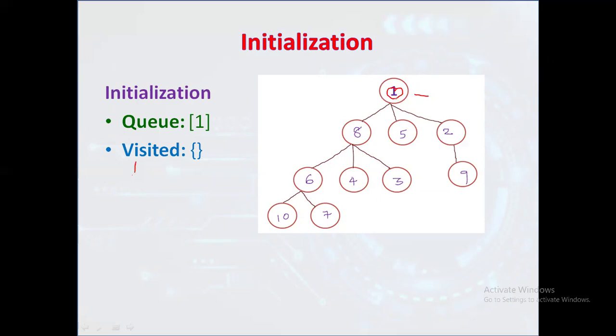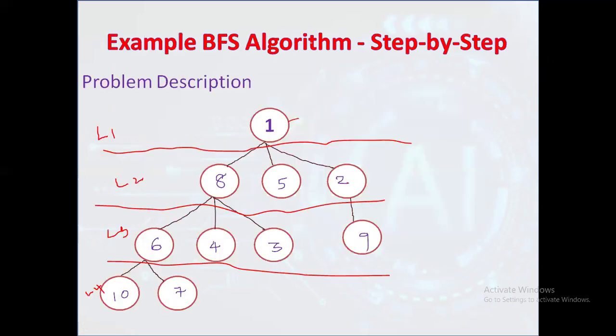So I am repeating: first, we have to find the parent node and put it in the queue. This is the initialization of the process. Now for the levels: in the first level, how many nodes are there? Only one, that is the parent node.